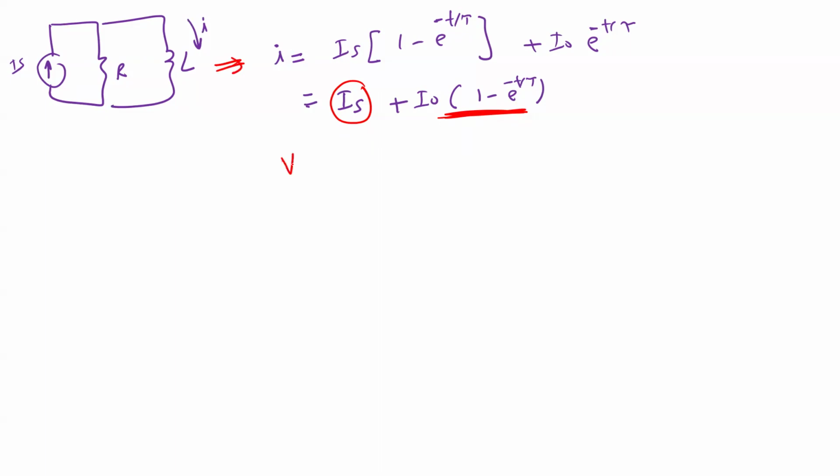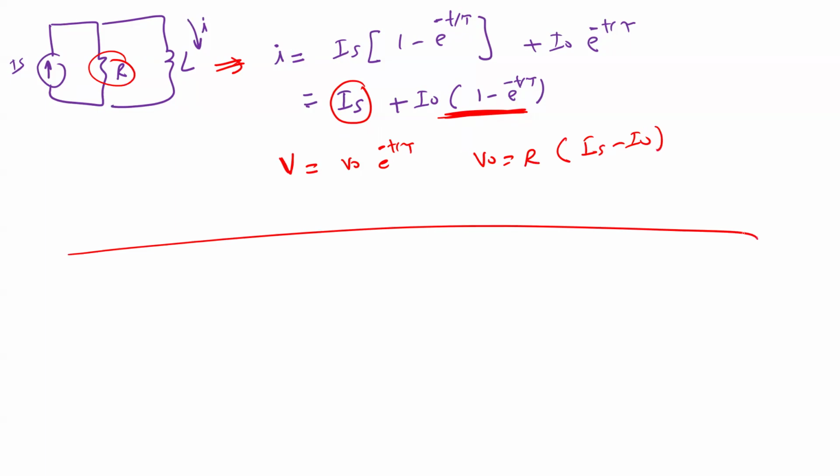I can also know V, because V is V naught e to the minus t divided by tau, and V naught is this R times (IS minus I naught). That's it. So if I have this circuit, I can easily get I and V using this formula, and I explained why: because I got a differential equation and I solved it.